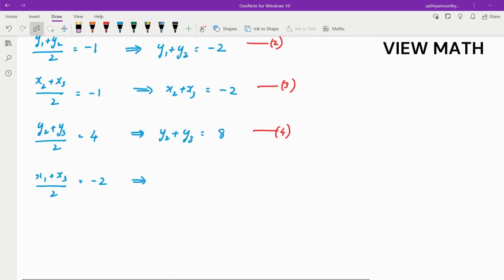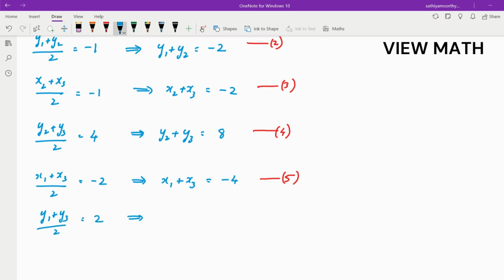This implies x1 + x3 = 2 into -2, which is -4. Now this is the fifth equation. Next, (y1 + y3)/2 is equal to the y coordinate, which is 2. So this implies y1 + y3 = 2 into 2, which is 4. This is my sixth equation. So we have got 6 equations.